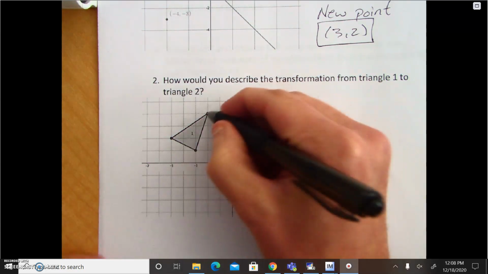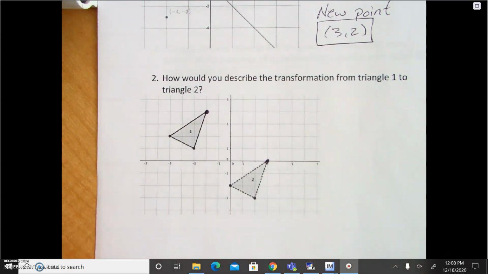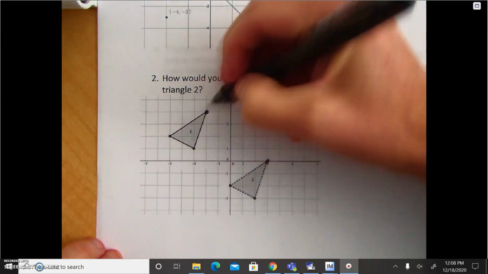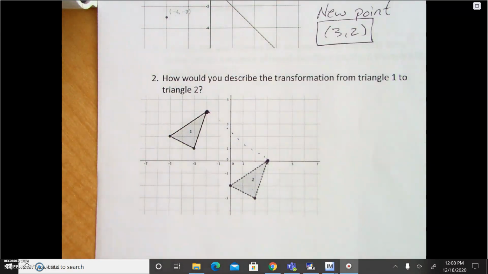And I can see that this one and that one are in the same place of the triangle. So I need to figure out how this triangle moves down here. I can see that it moves down a little bit and over to the right a little bit, but let's figure out how much we go down and how much we go right.